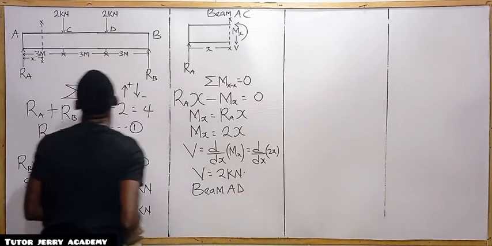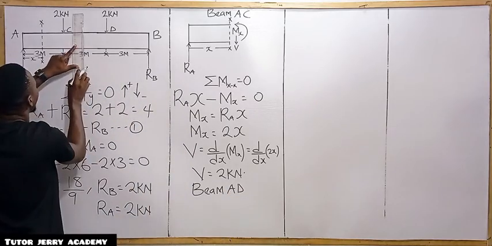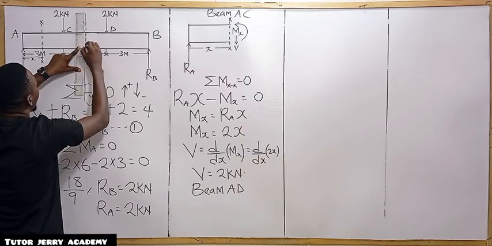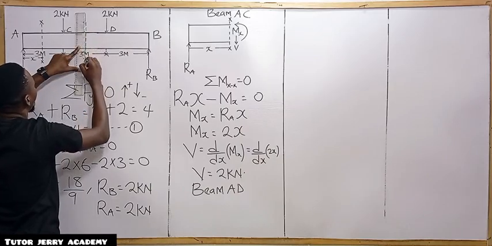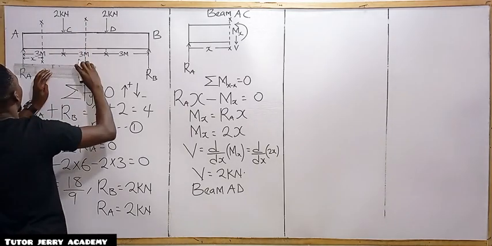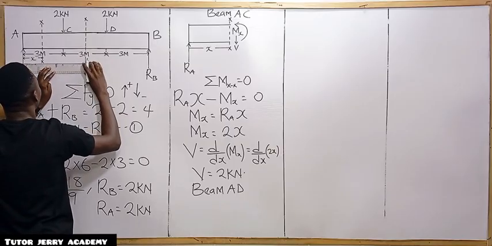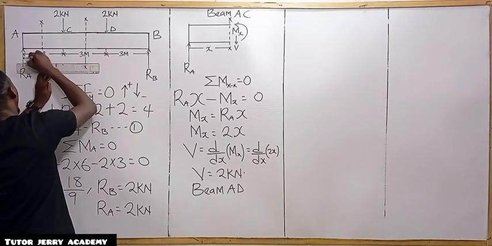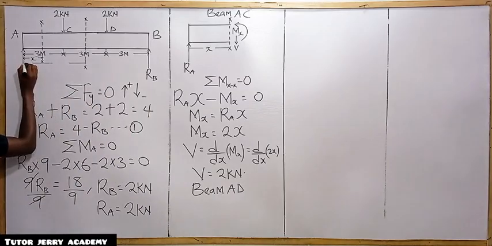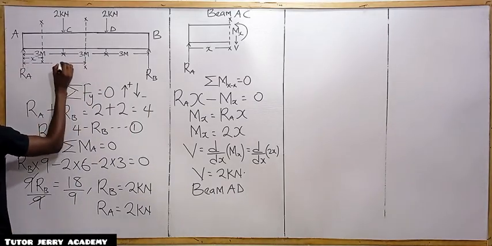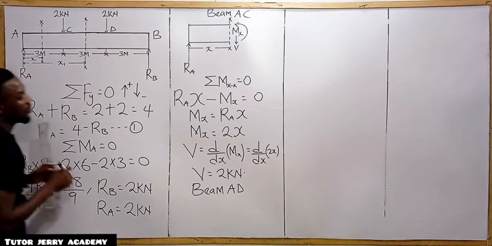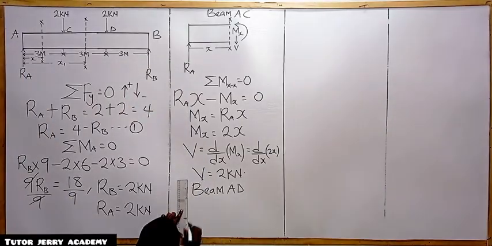If you section this part now, we have S, so we can call it at a distance of S1.